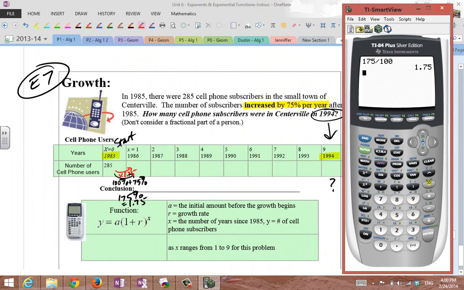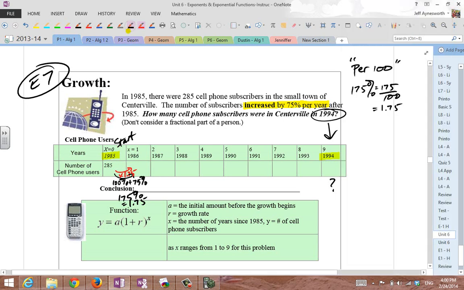So 285, let me clear it out so you can see better here. 285 times 175%, which is 1.75, is 498.75. All right, so roughly, you got to round up, so about 499. So let's put that in there. So 499 users.